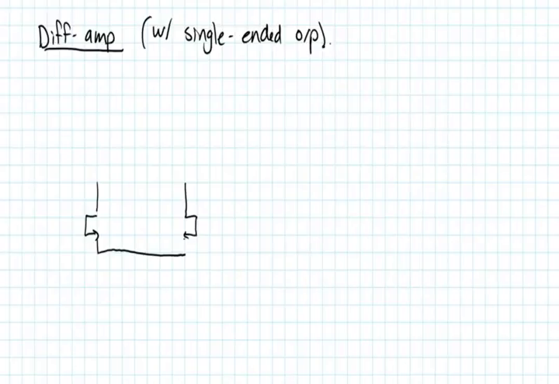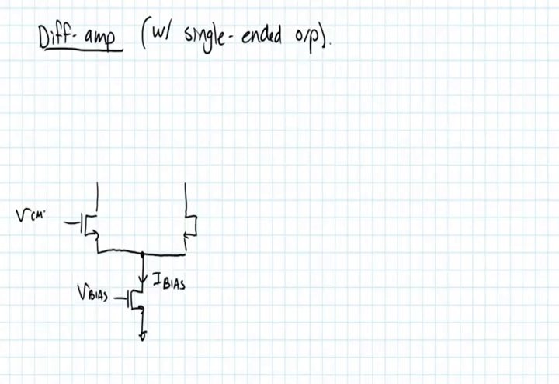Again, we're going to bias it with an actual NMOS transistor here, Vbias, Ibias. And these input signals are going to be the same, VCM plus VID over 2 and VCM minus VID over 2.